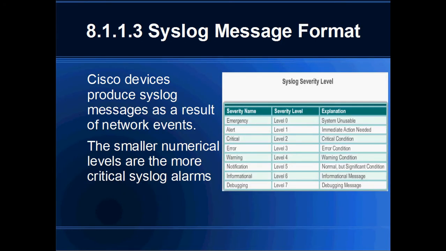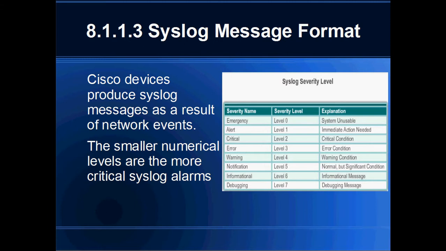Syslog message format. Cisco devices produce Syslog messages as a result of network events. The format of these events has a numerical level attached. The smaller this level is, the more critical it is.